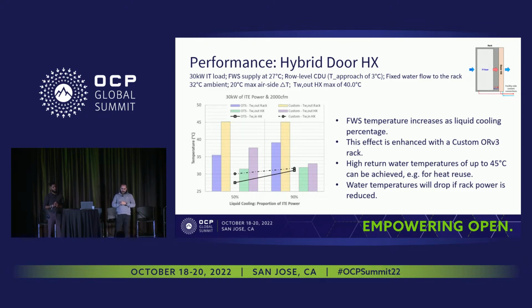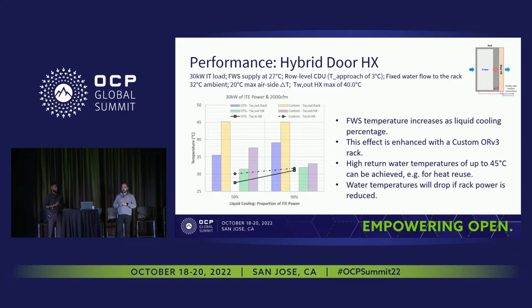So if you want to use the water for another purpose, like heat reuse and so on, by increasing the performance of the rear door you will be able to increase the temperature of the water. You can see here that the water temperature after the rear door can be 45 degrees for other purposes. So 45 degrees is a very high temperature, and if you compare with the OTS, the maximal temperature is something like 40 degrees.